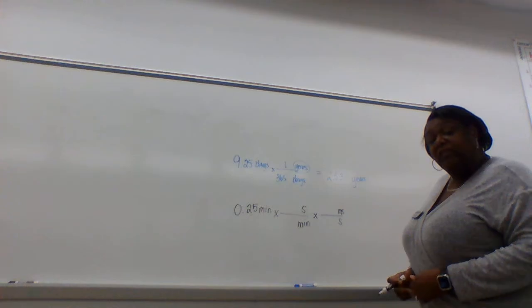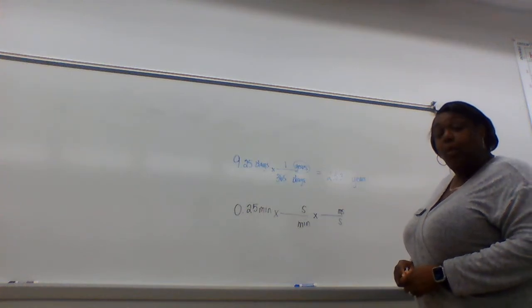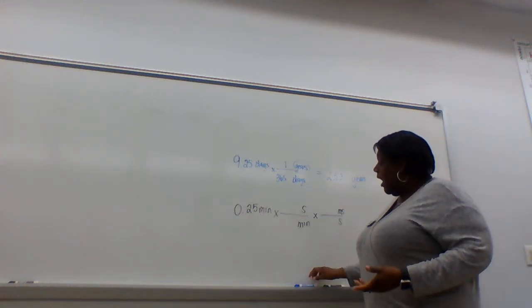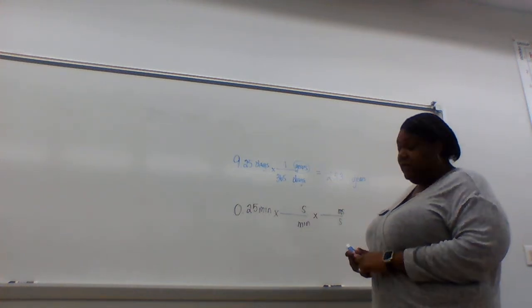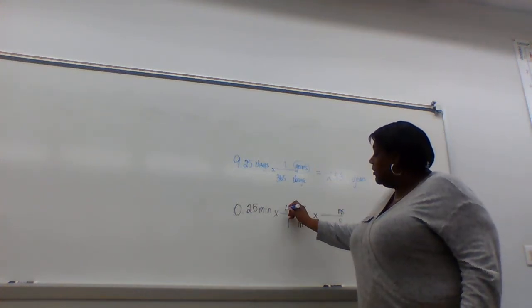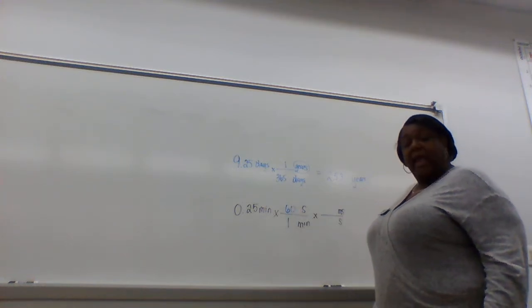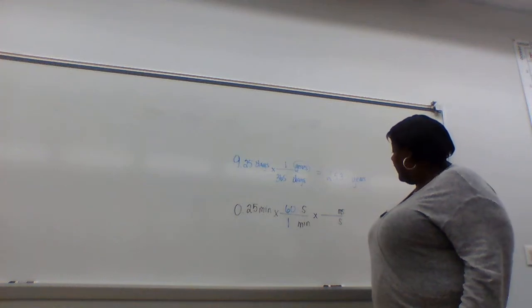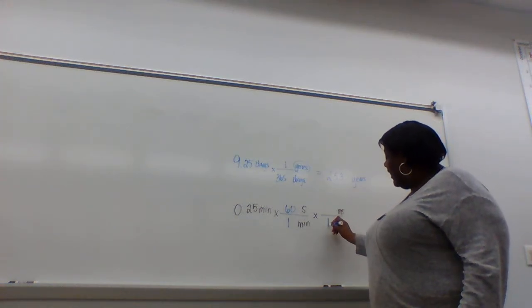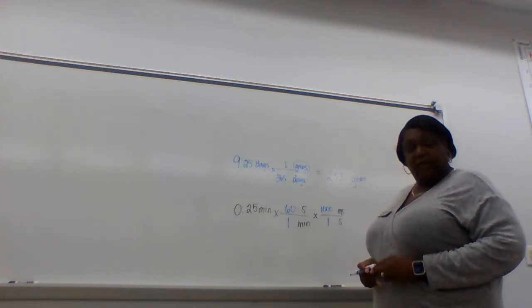Now, I always first put in my units and then go back and place my numbers. And so we know to go from minutes to seconds, we know that 1 minute equals 60 seconds. And then to go from seconds to milliseconds, we know that 1 second equals 1,000 milliseconds.